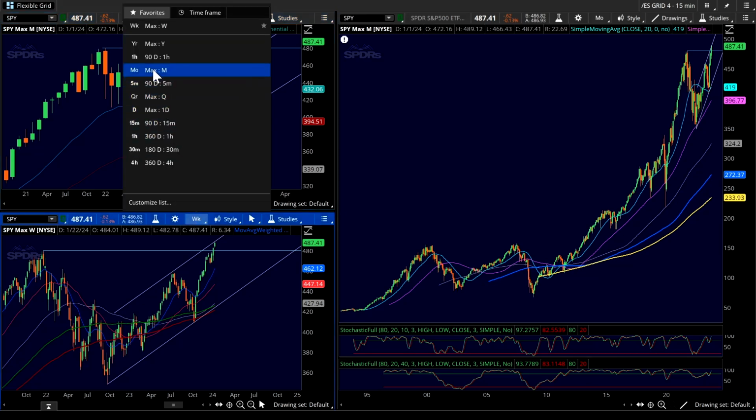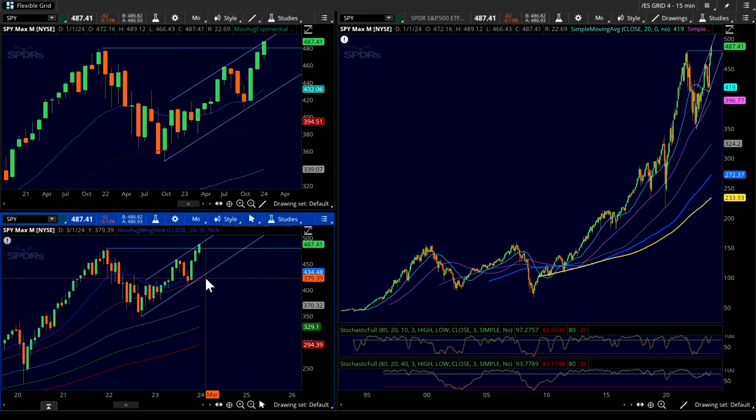But in terms of the bigger picture, see the monthly going away from the 20 moving average, that's a long distance. I'm not prepared for this video in terms of my drawing utensil here, but that looks like it can't go much further on the monthly chart. It might want to come back. We just have to wait and see.